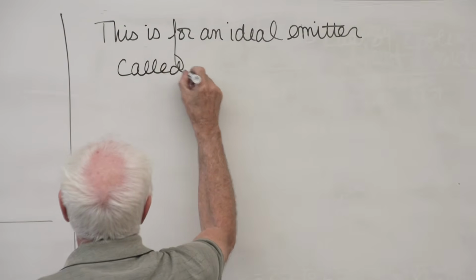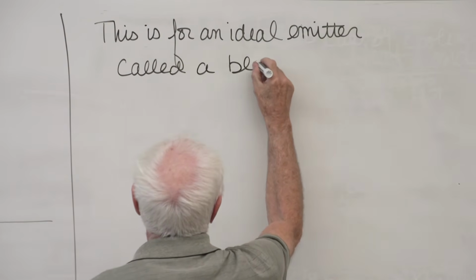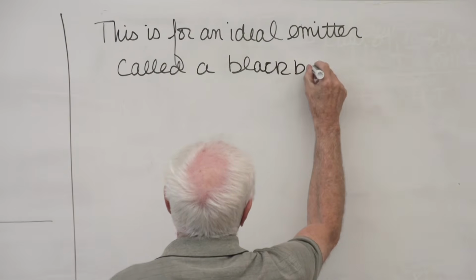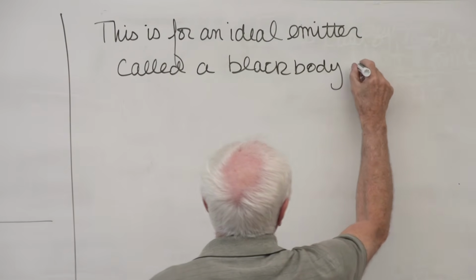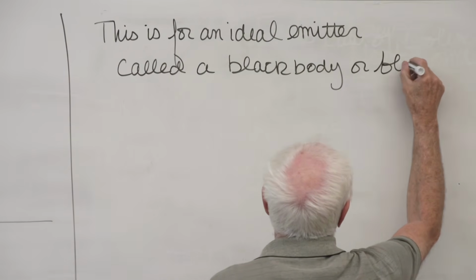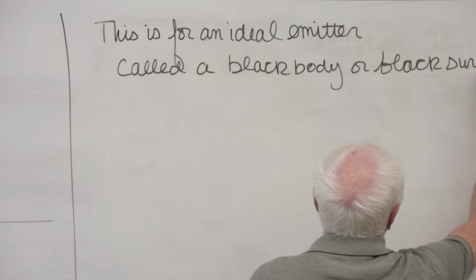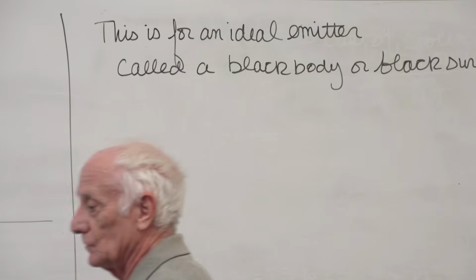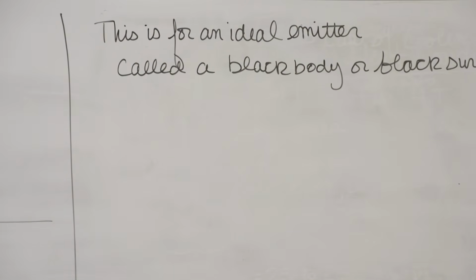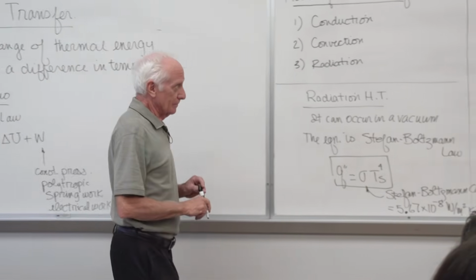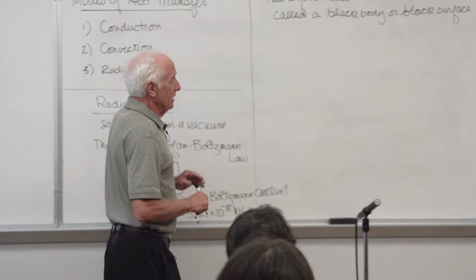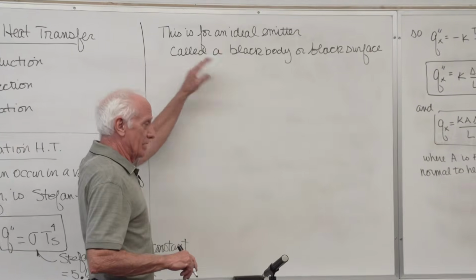The ideal emitter is called a black body. So that's the maximum energy that a surface can emit, but it's only valid if it's an ideal emitter.